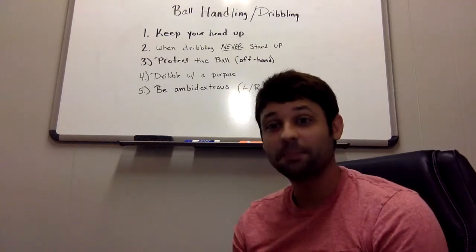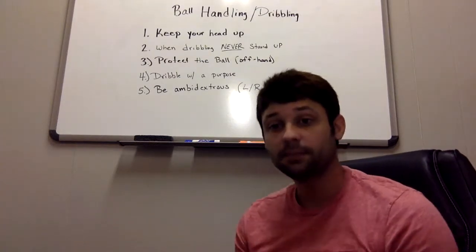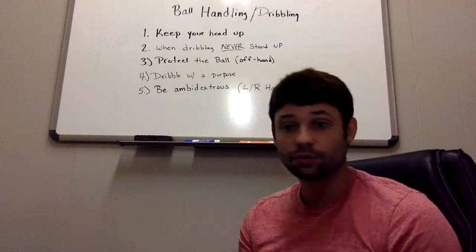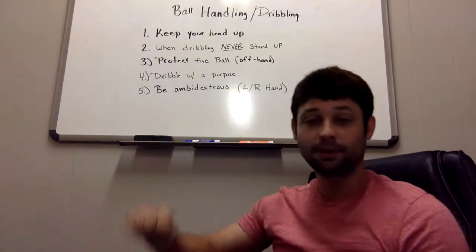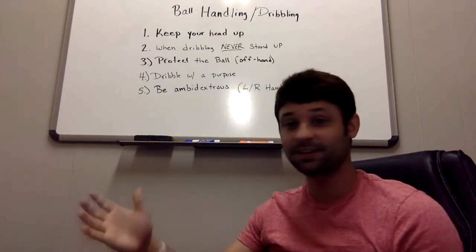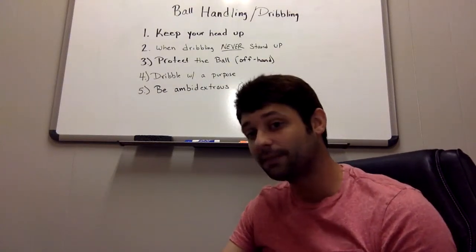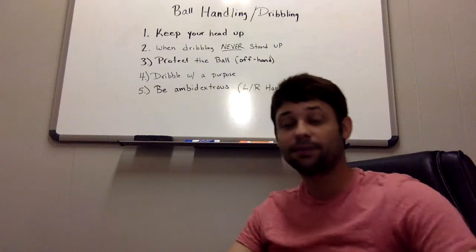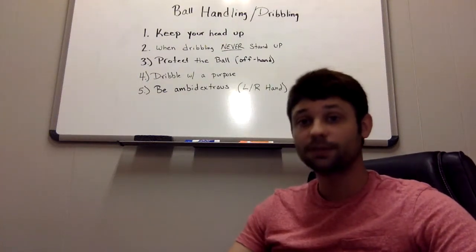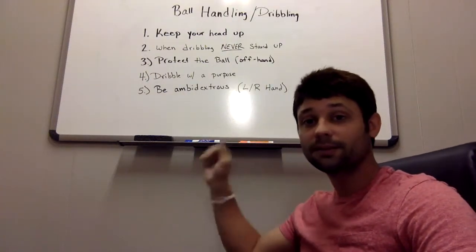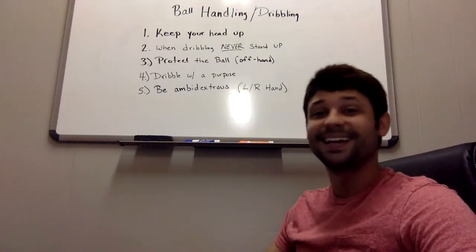Their knees need to be bent, their tail needs to be down. If they're standing up and it's all the way above their head, they're just not going to have control over it. Plus, whoever's playing defense can obviously steal that ball if they have quick hands. So those are probably the two most important things on this list when it comes to ball handling.